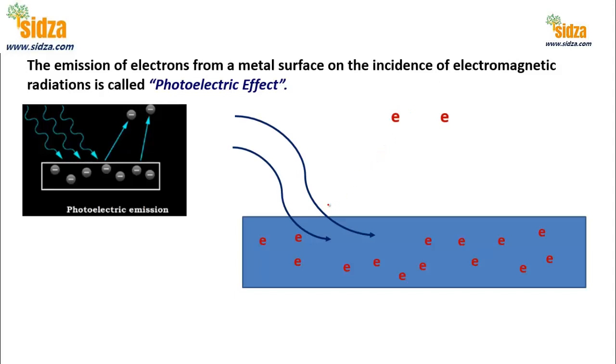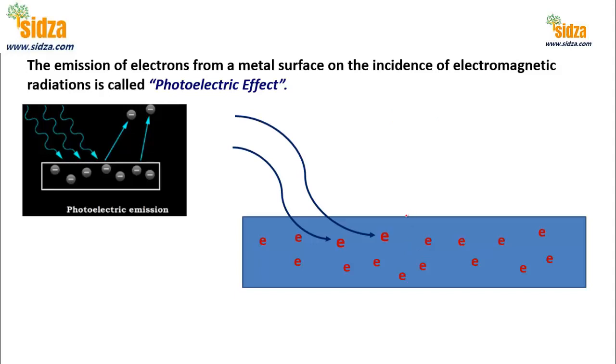And if we use a very low energy, electrons cannot be ejected. So for every metal, we need a radiation of a particular frequency that can knock out the electrons from the surface of the metal.